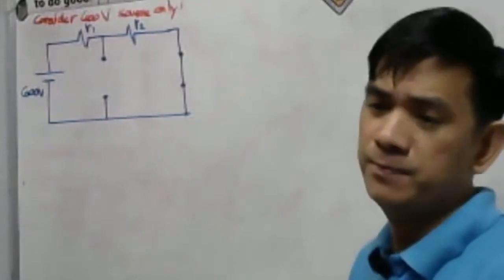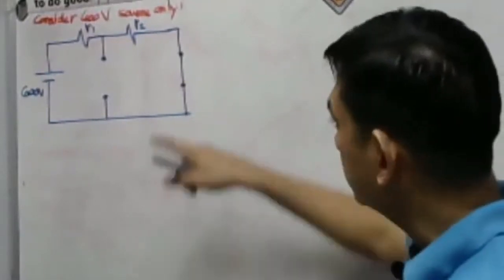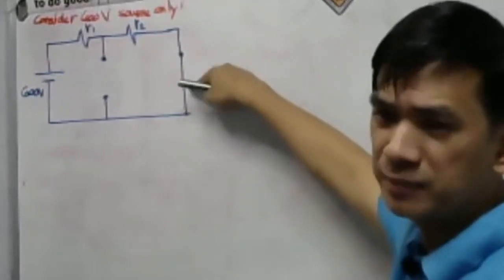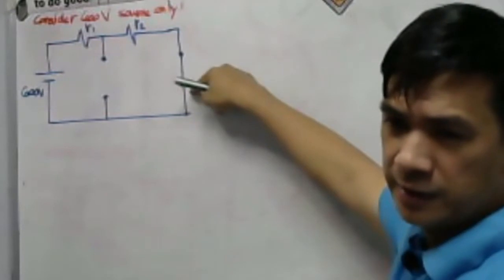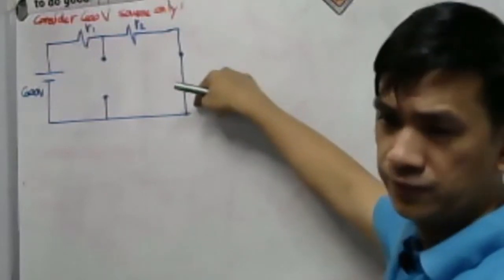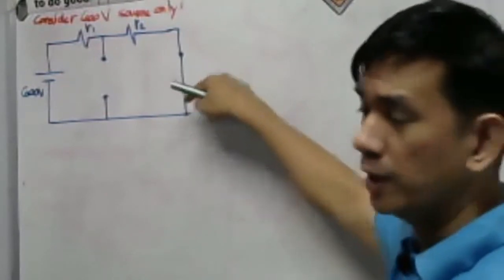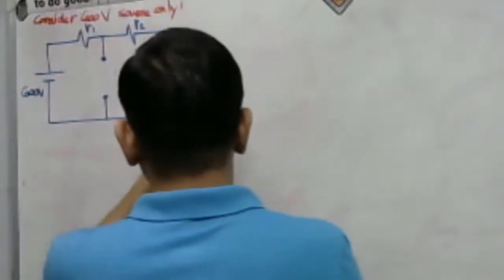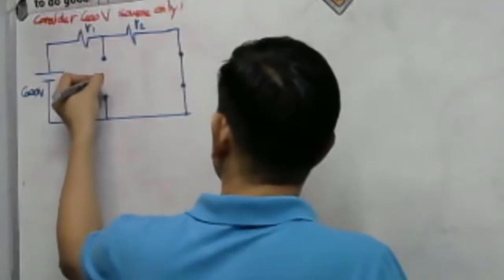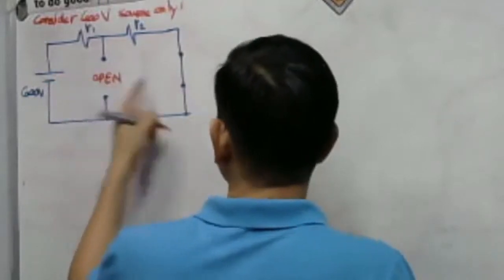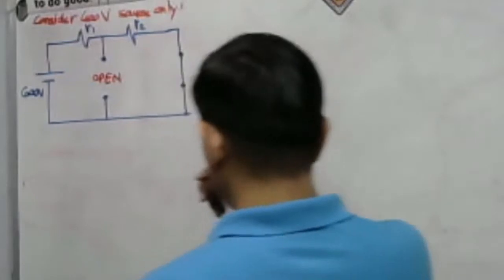If you have a voltage source, that must be short-circuited, the two terminals. Okay? And then, for the current source, you have to open the circuit. This is short-circuited, this is open circuit. I will put here open. And this is closed circuit. Okay?